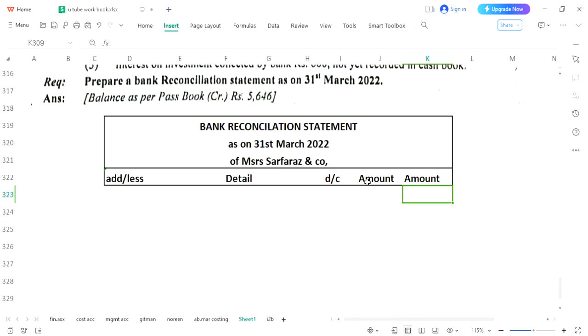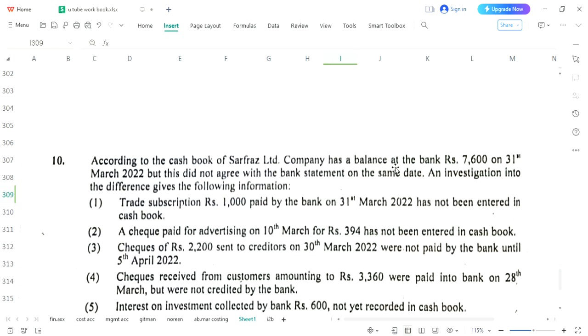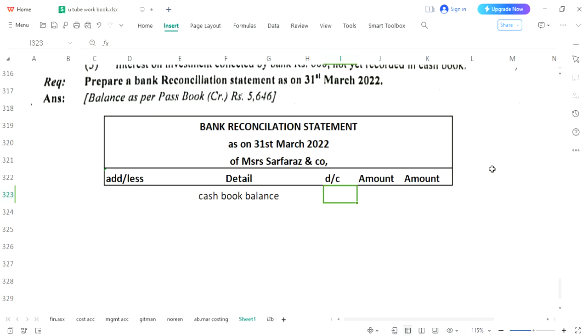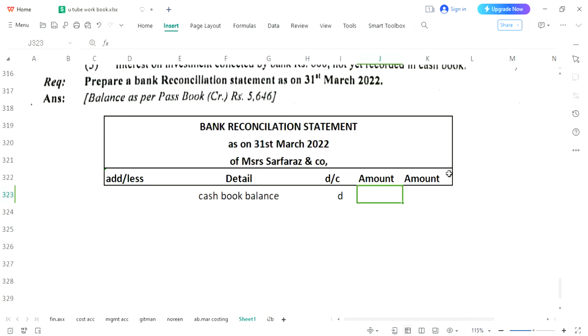Let's write down our first entry: cash book balance at the bank 7600. As our rules say, it should be debited, and the amount is mentioned over here, 7600. Just write down your amount 7600.